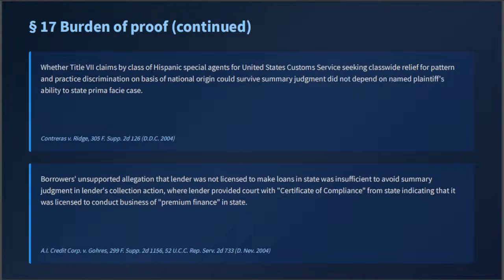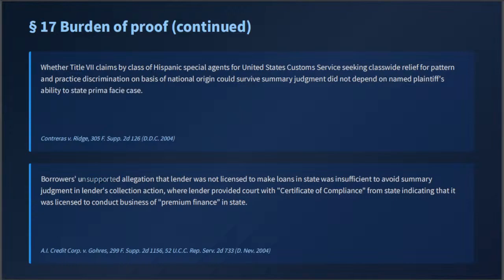So this is interesting here. Could survive summary judgment, practice discrimination, and did not depend on the named plaintiff's ability to state a prima facie case. So this is an interesting one too.